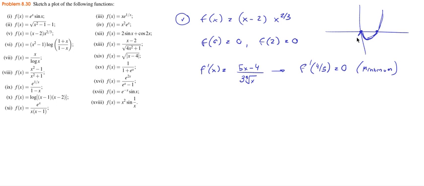Now what happens to this? In order to get this, we need to compute the second derivative because we want the concavity. The second derivative, if you compute this, is 10x plus 4 divided by 9 times the cubic root of x squared. So this is 0 at minus 4/10, or minus 2/5.